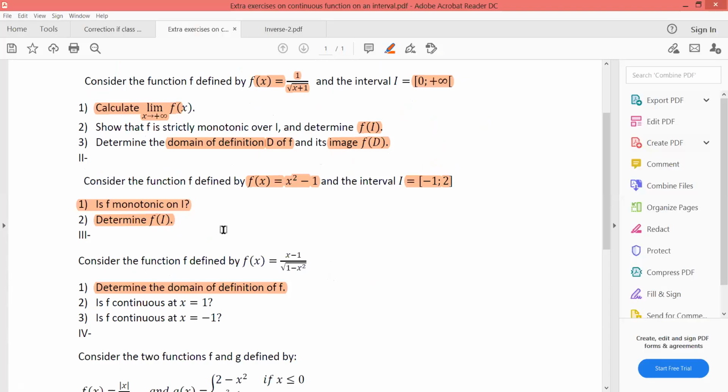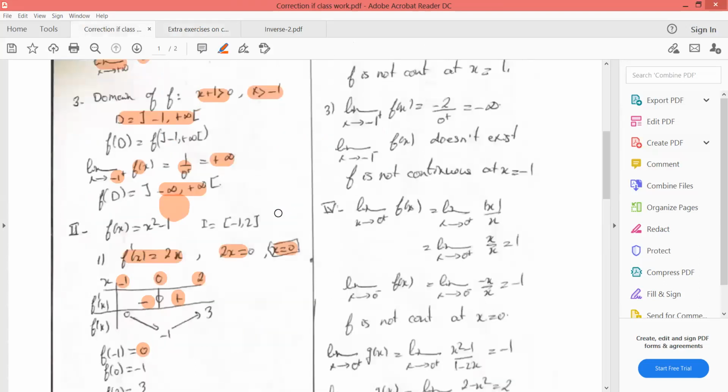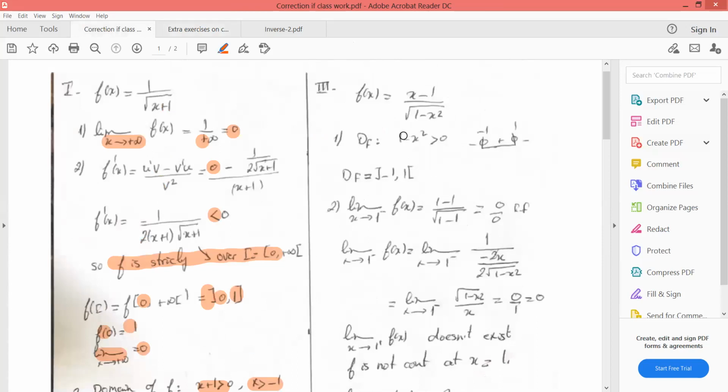But in this case, it gives 0 greater than 0. It's not logical. In this case, the domain of definition is where 1 minus x squared is positive, using a sign table. The domain of definition is minus 1, 1.